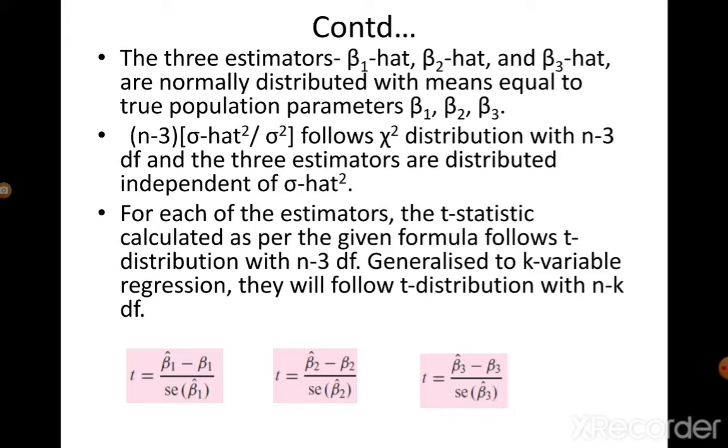This is in the case of a 3-variable regression model. Right, so n minus 3 times the ratio of sigma hat squared to sigma squared will follow a chi-square distribution with n minus 3 degrees of freedom. This can always be generalized to a k-variable regression model.